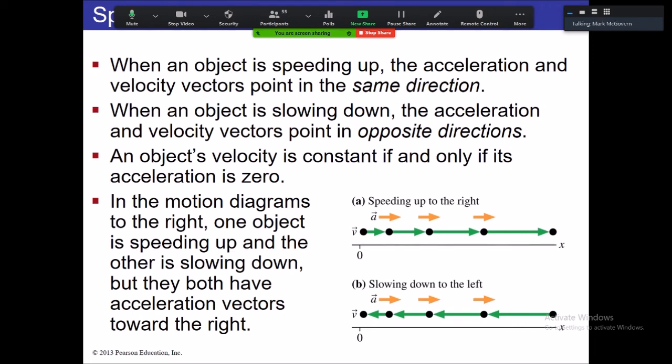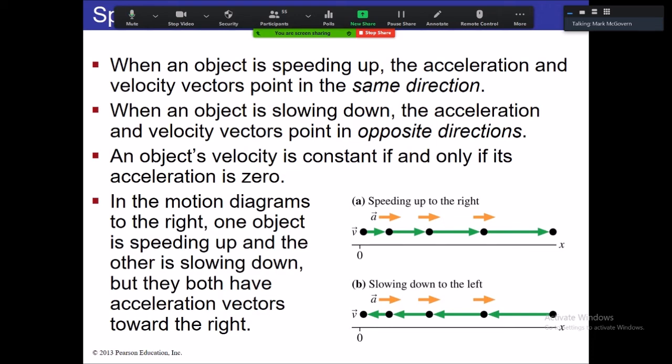You want to use the phrases speeding up and slowing down, as opposed to saying accelerating or decelerating. As far as you should be concerned, the word deceleration doesn't exist. It doesn't exist, because deceleration a lot of times is meant to mean slowing down.